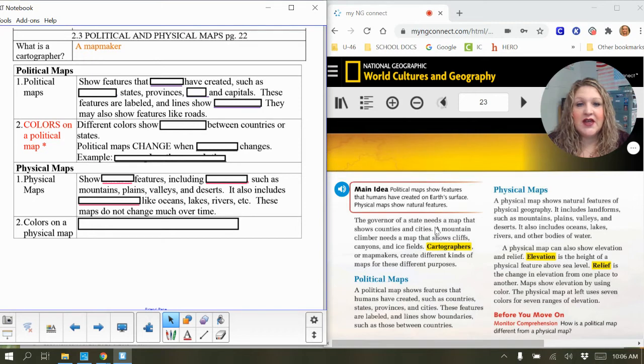So features that humans have created, such as countries, states, provinces, cities, and capitals. These features are labeled and lines show boundaries. They may also show features like roads.